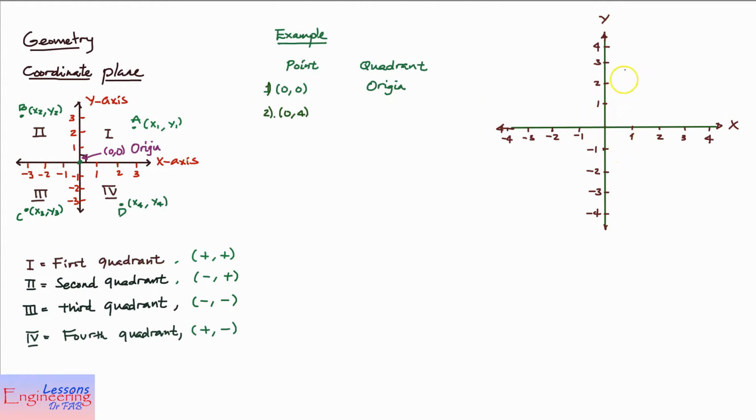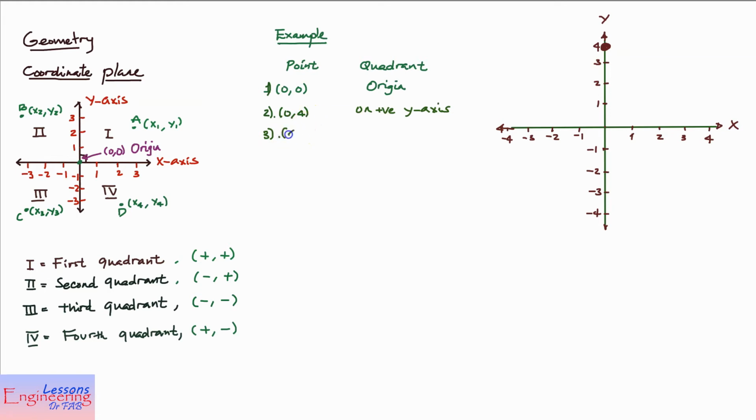The y-coordinate is 4, so this point here is the 0, 4 point. It is in none of the quadrants, but on the positive y-axis.